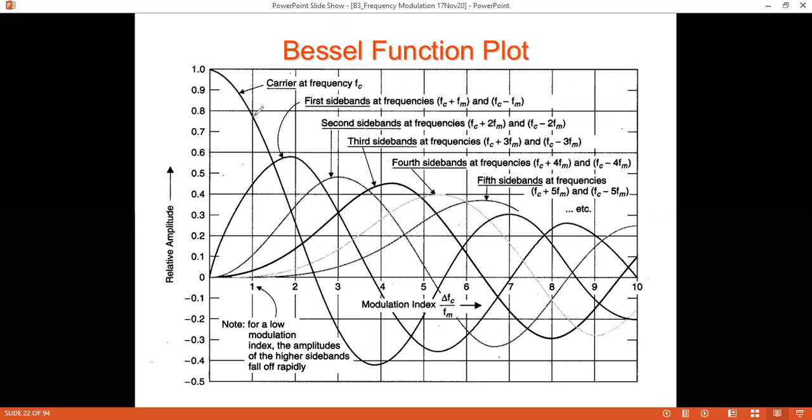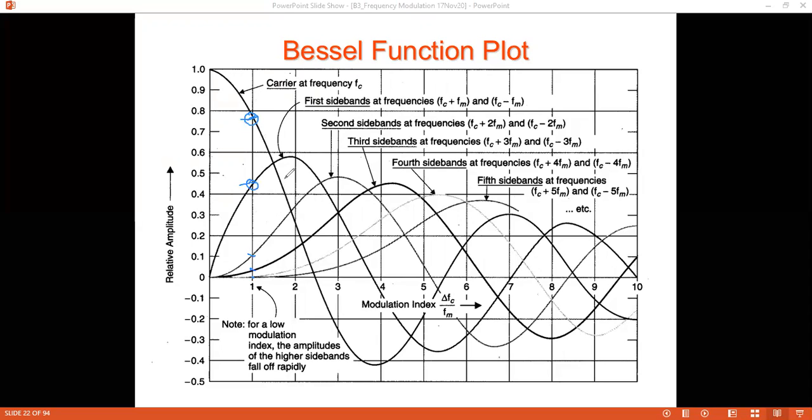We have the carrier, then the first sideband, second sideband, third sideband, fourth one. This is the relative amplitude for each component, for the carrier frequency, the first sideband, and so on. This is how you find the number of sidebands and the amplitudes from the Bessel graph.